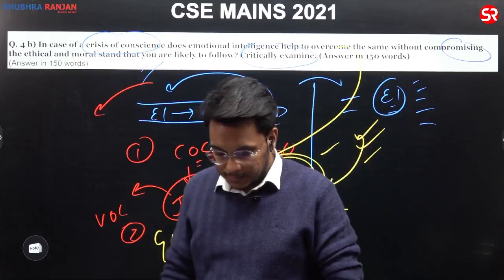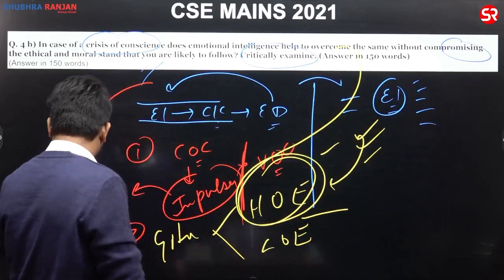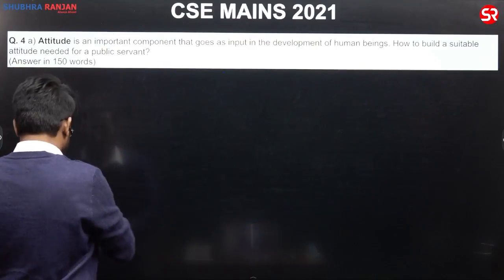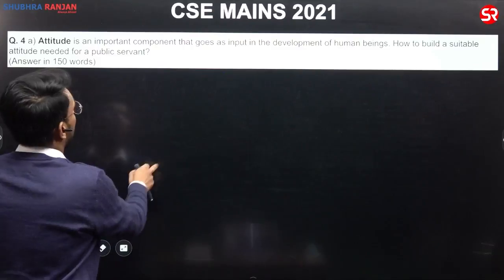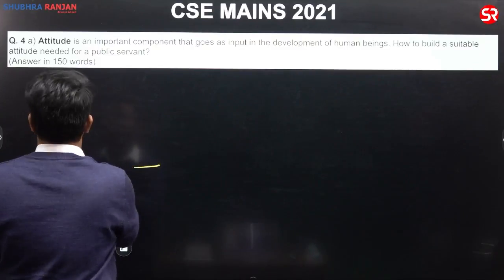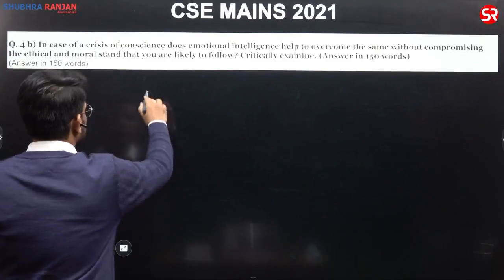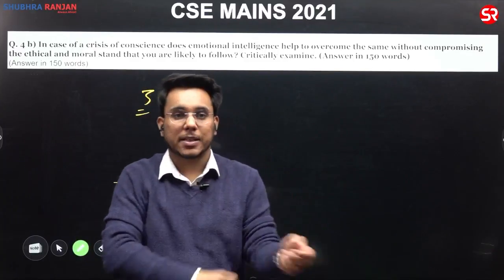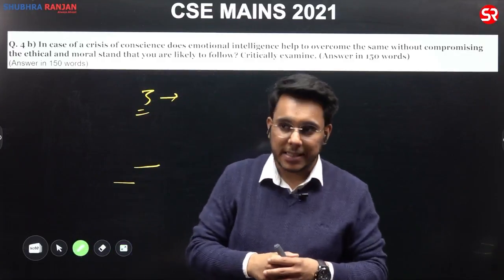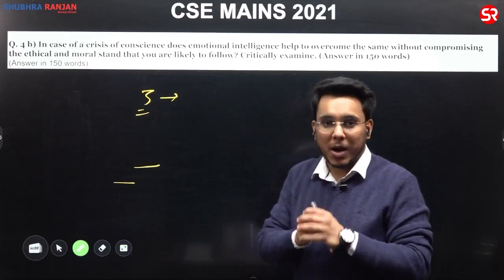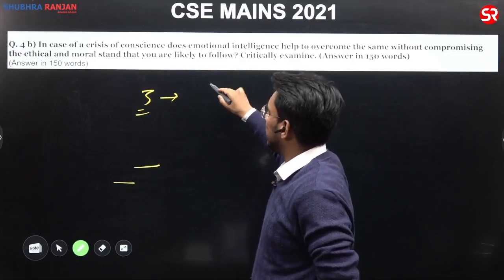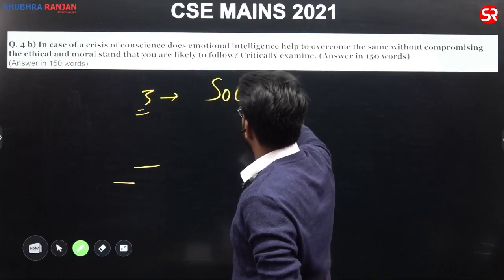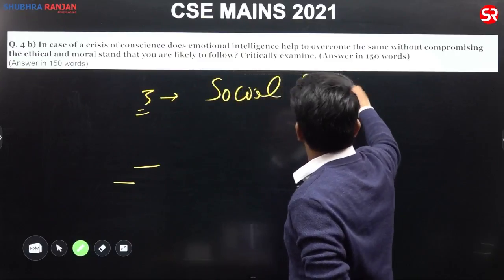Then third point. A person who is emotionally intelligent will be able to have the desirable social skills.